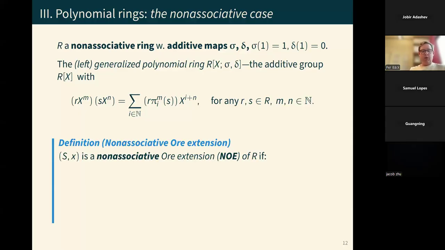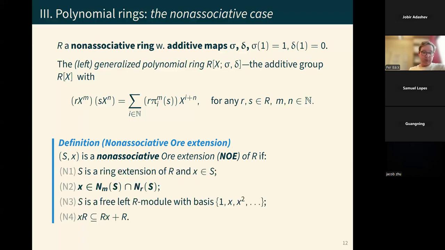What is it? So recall that we had this abstract definition in the associative setting, which told us what Ore extensions are. So can you still get something in this non-associative, more general setup? And it turns out that you can, so I will call now a non-associative Ore extension a ring which satisfies these axioms. So I've boldfaced everything that has changed from the associative setting. So the only thing that has changed is this associativity condition, which we had in number 2 here.